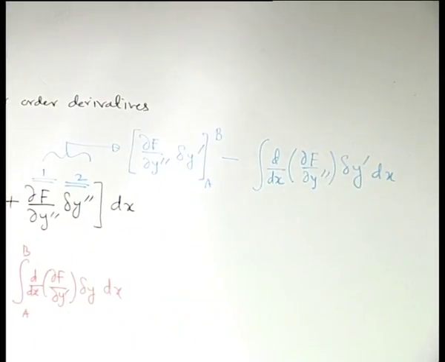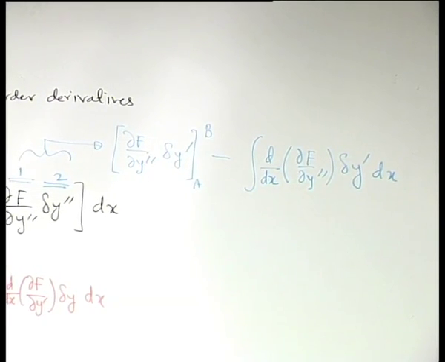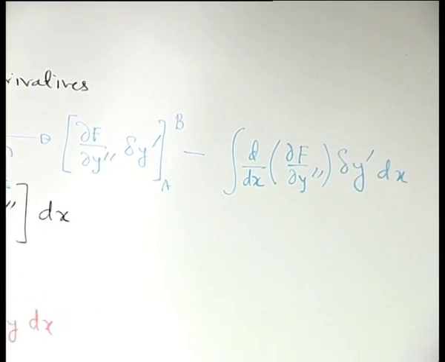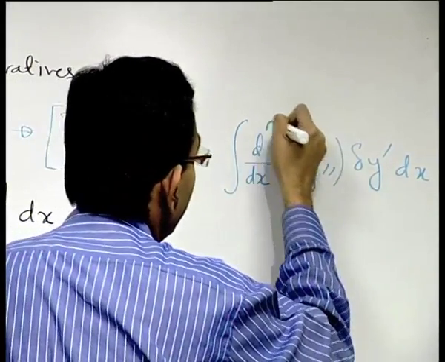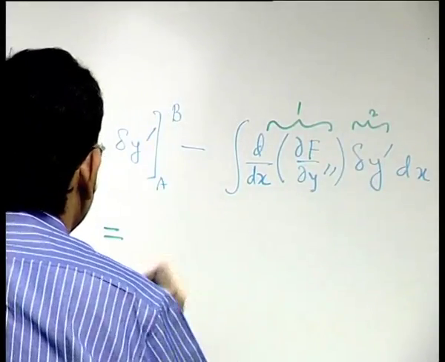So, we have been successful in reducing the derivative by one order. We will reduce it by further one order. So, we will integrate the second term by parts as this as the first function and this as the second function.